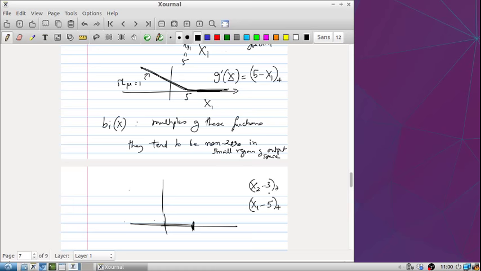Okay, if I multiply these two functions, it's basically something like, let's say 5 comma 0, and this is 0 comma 3. Okay, it's only in this region that, let's say there's a b function which is like the product of these two, then only in this region the function is going to be positive. In these regions, because of the nature of these functions, it's going to be 0. Okay, so you're basically creating a nonlinear function which is flat as in zeros everywhere else, but it is like a positive, like an upward going function from this point onwards.